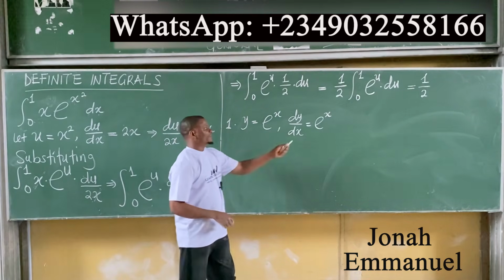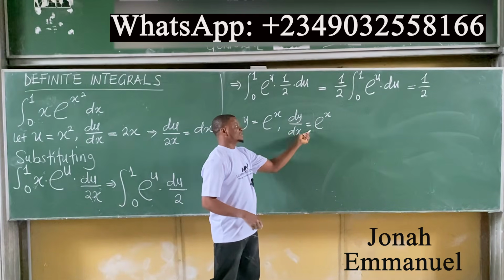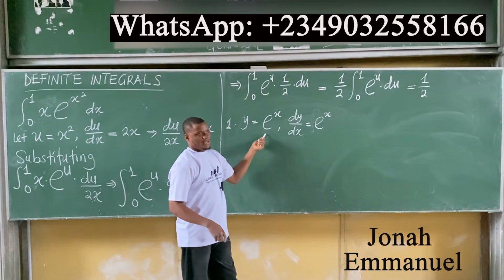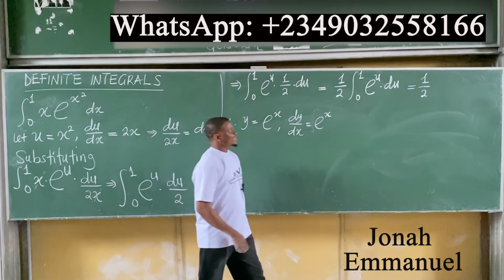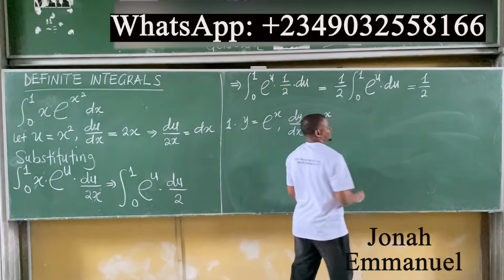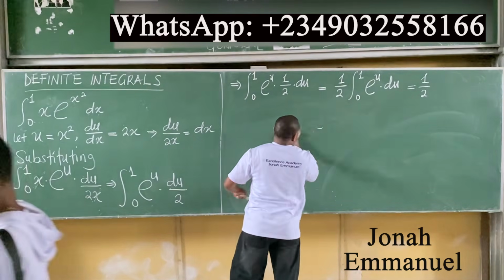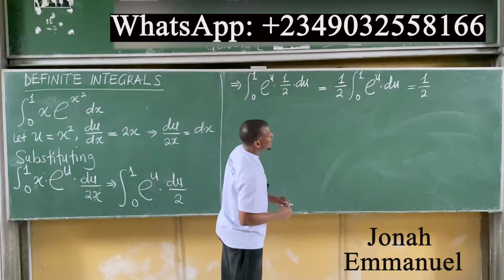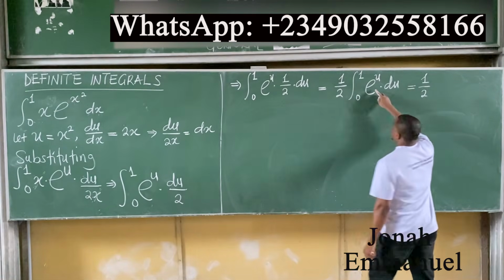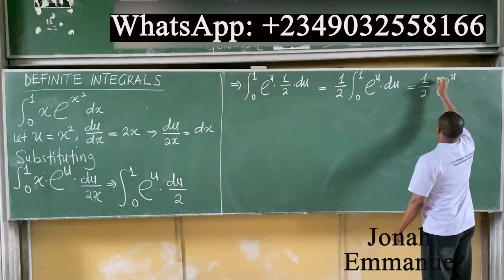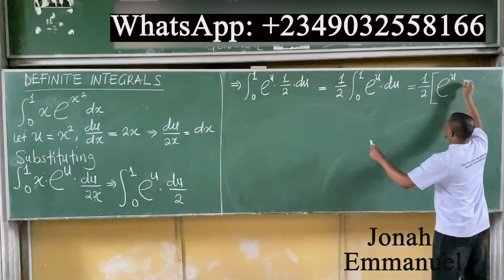In essence, if I integrate, let's go backwards, if I integrate exponential x, I will also get exponential x. In this case, it's now exponential u, not x. Please integrate exponential u. What do you get there? Exponential u.